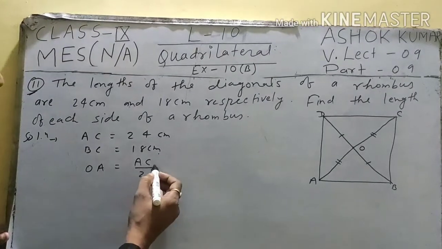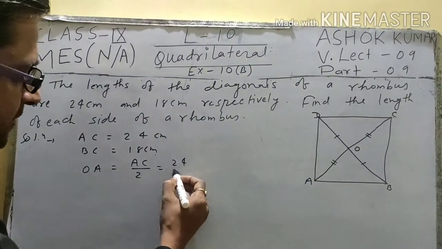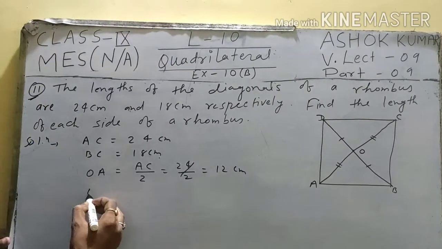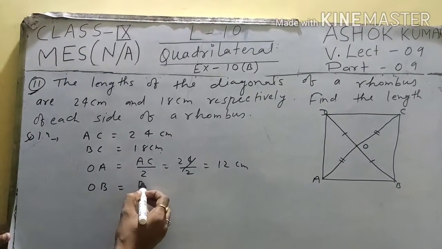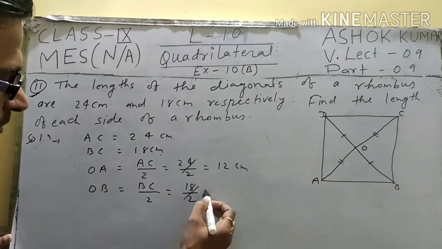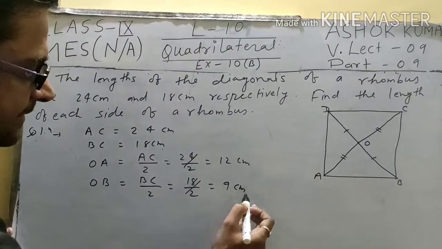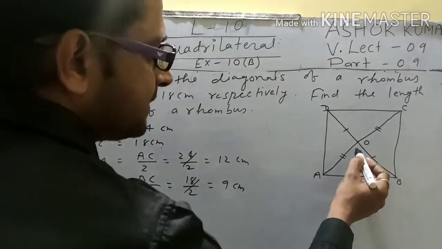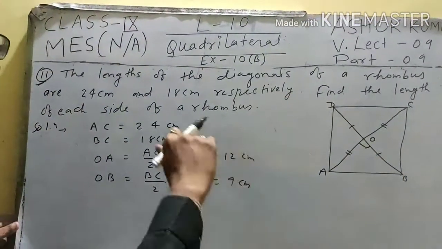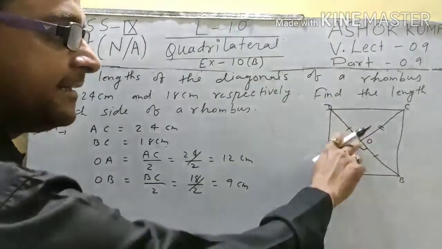So 24 by 2 is equal to 12 centimeter, and OB is equal to BD by 2, so 18 by 2 is equal to 9 centimeter. And diagonals bisect each other at 90 degree. This is also true.